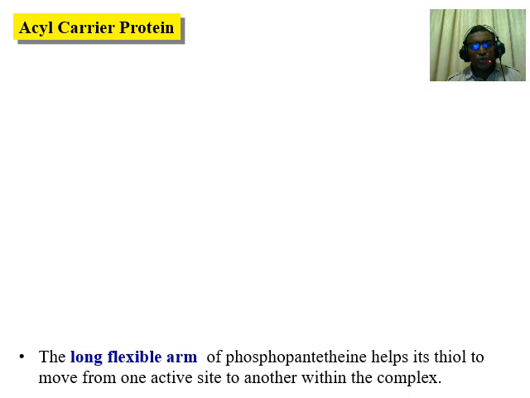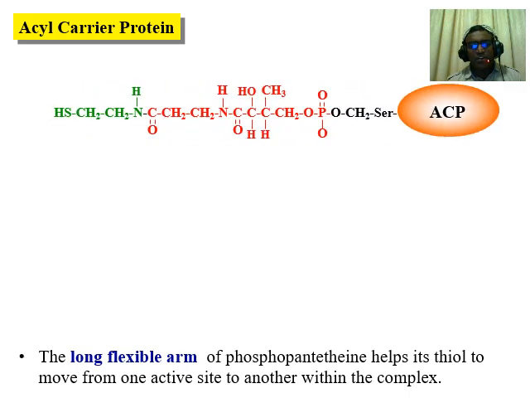This slide is just to show the difference between acyl carrier protein, one of the 8 components for fatty acid synthase, whereby it has similarities to that of acetyl coenzyme A, where apart from having the thiol group at the far end on the left, it also has the long flexible arm, just like acetyl coenzyme A. So you have on the left the cysteamine, which has the sulfhydryl group, which can cause formation of covalent bond and then get attached to anything that comes to it.